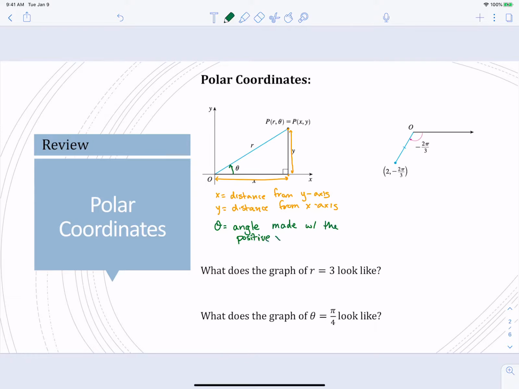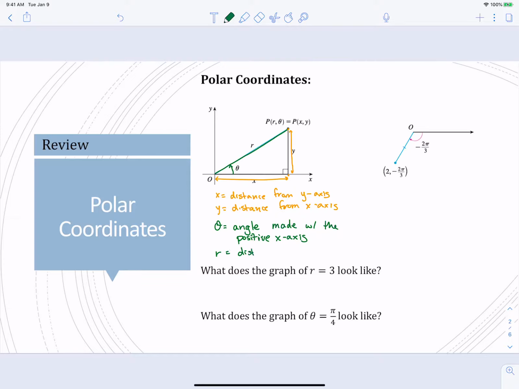And then r is a distance that we go from the origin. So r is equal to the distance that point is from the origin. And so a second way that we can talk about that same point is with r and theta. And we always put r first and theta second.